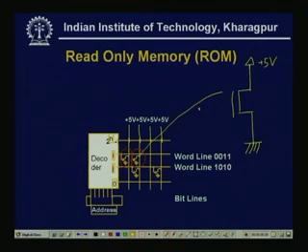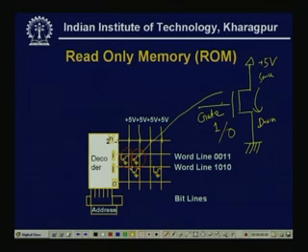Now, this is called the source and drain, and this is the gate. Now, if we apply the gate as 1, then it will be connected. If it is 0, then it will not be connected, that means it is open.